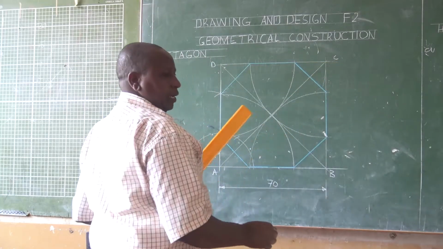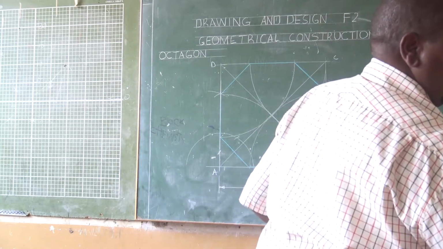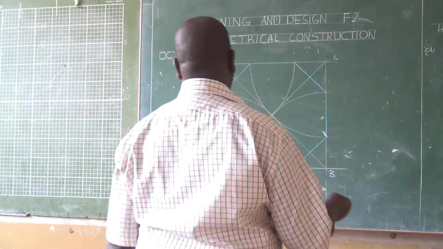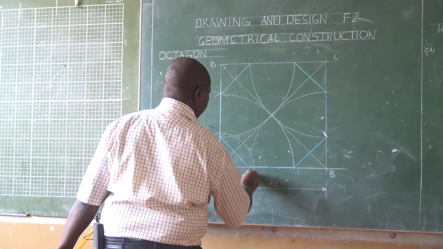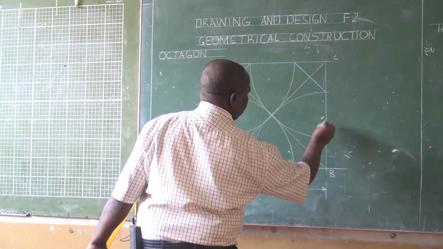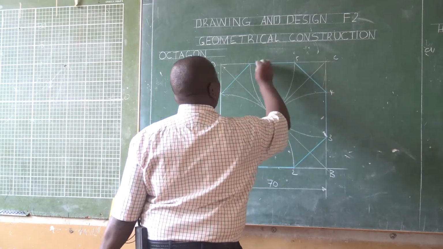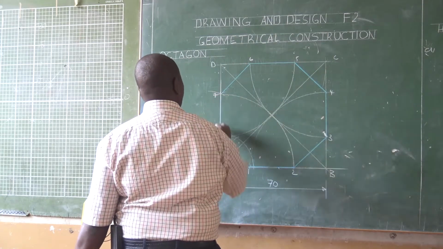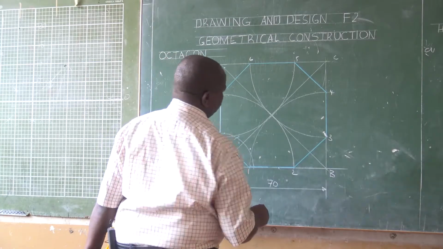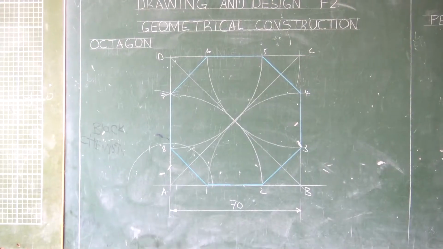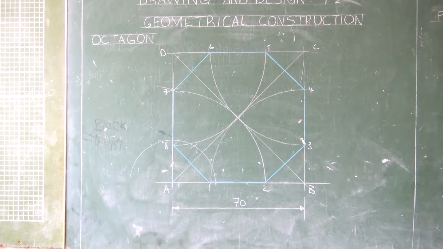And that is our required octagon. With the vertices, you can start counting 1, 2, 3, 4, 5, 6, 7, and 8. And the sides are also 8. Octagon within a given square.